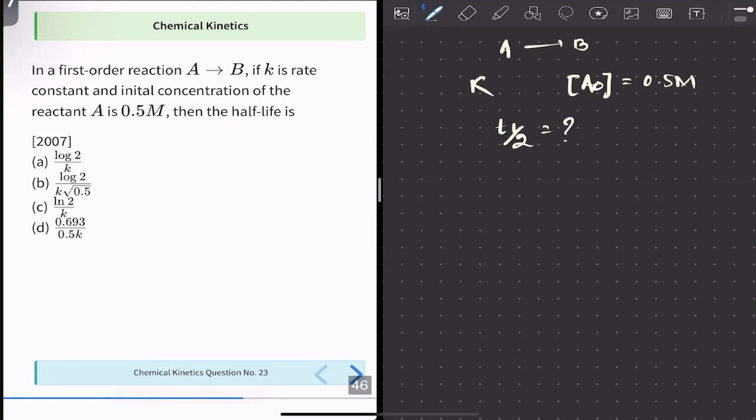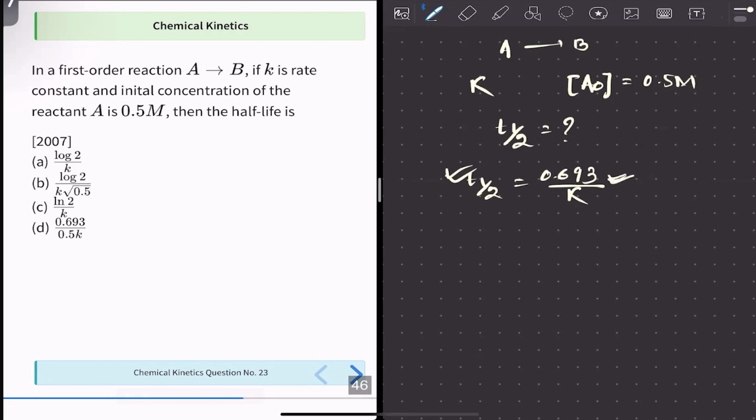For first order, we know the half life formula: T half is equal to 0.693 by K. This will be the formula, but it is not asking in this form. So let's write the proper form.